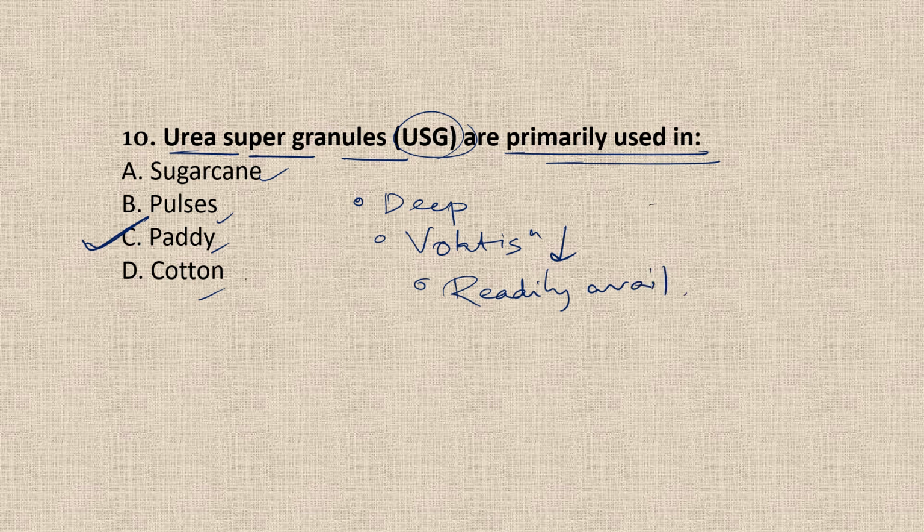It is placed at a depth of about 8 to 10 centimeters in puddled rice fields, in the anaerobic soil zone, so that nitrogen loss through volatilization is reduced. It is economically beneficial as it reduces the overall amount of fertilizer needed. So option C is the right answer.